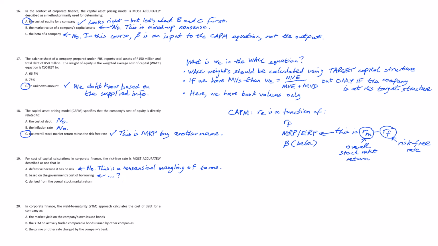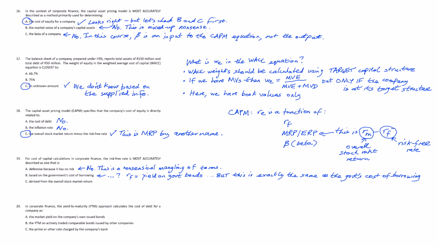Now, the risk-free rate is the yield on government bonds, but given in the reading is an additional detail about another interpretation of that yield, the yield on government bonds, and that is exactly the same thing as the government's cost of borrowing. So B is in fact the right answer, but let us quickly scan choice C.